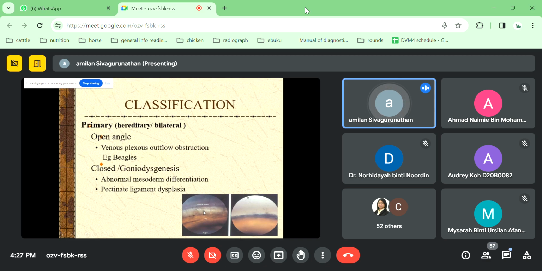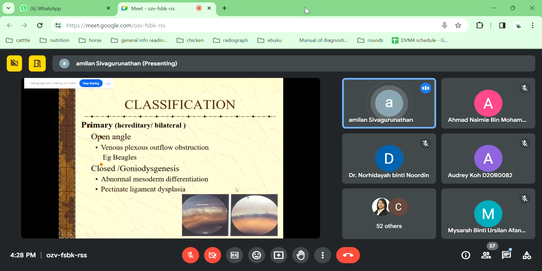We will try to do this at the practical to see if we can do it. Although I'm not sure if our patients will be very cooperative, we can actually appreciate the view of the open angle here. The white area is the angle, the brown area is the iris. While in the closed angle, in the next diagram, because it's closed, all you see is black. So the angle is closed.